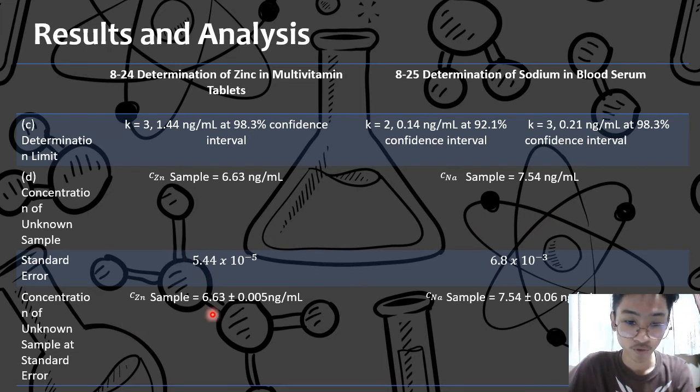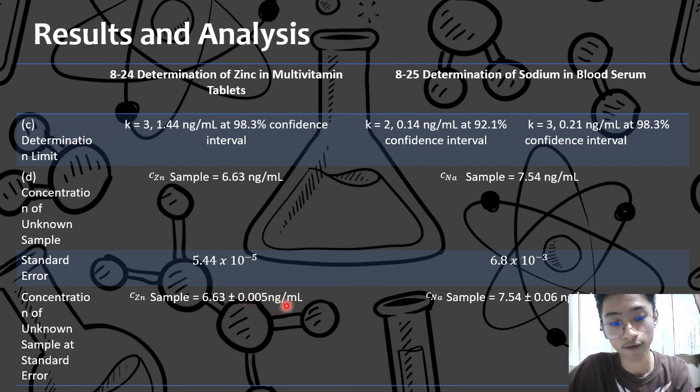And this will be used for the final concentration interval. So the concentration of the sample is 6.63 plus or minus 0.005, and for the sodium 7.54 plus or minus 0.06.